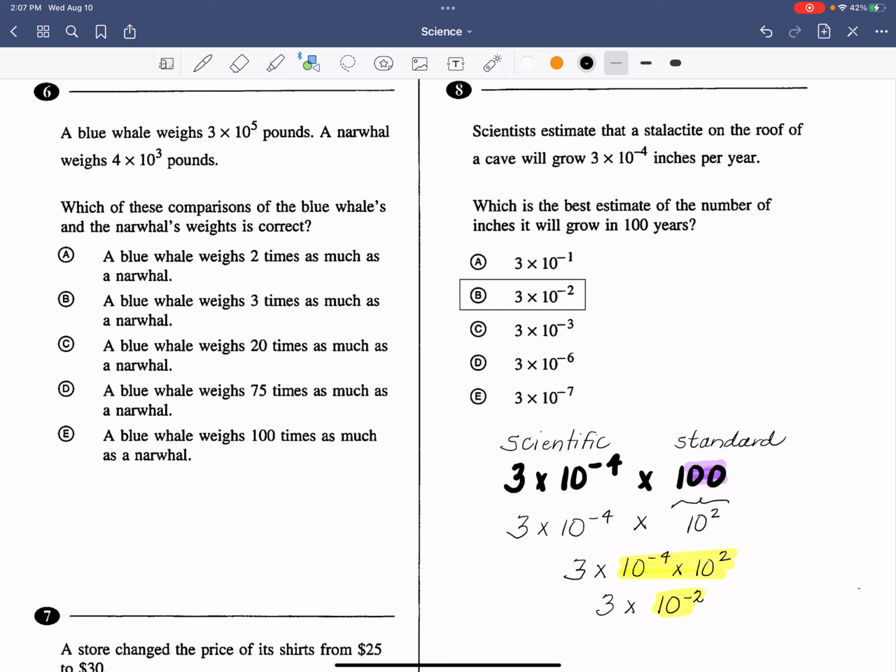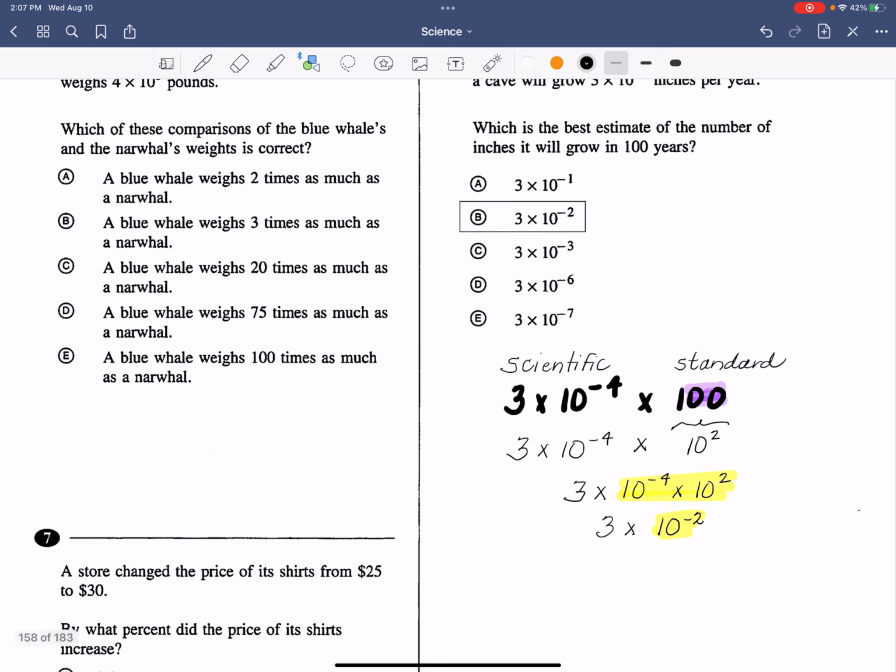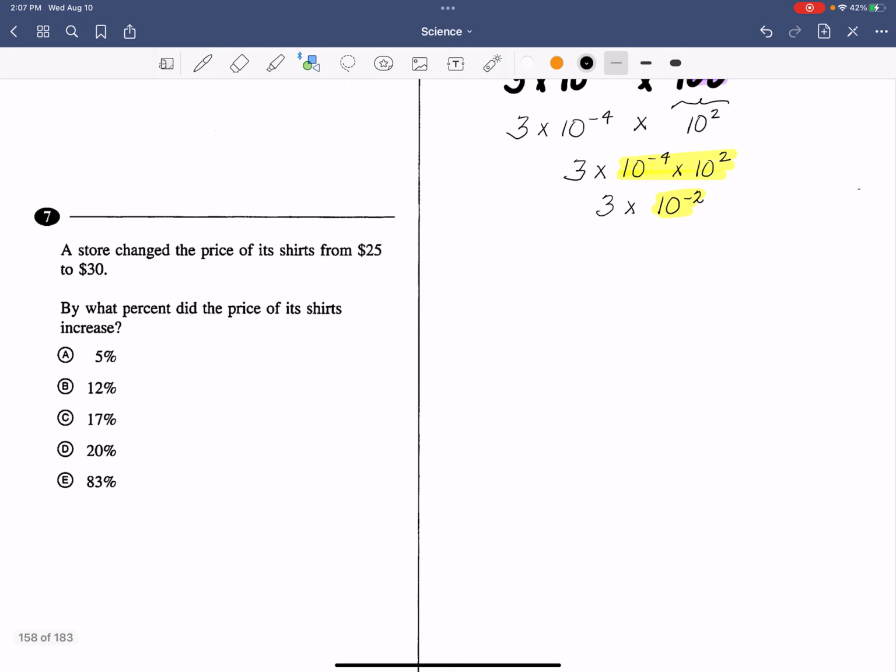Now the other option you have is to convert everything to standard and then use a calculator. So let me show you that route. It works just as well. You have the yearly growth in scientific form, so 3 times 10 to the negative 4. And you're multiplying that times 100, which is in standard notation.